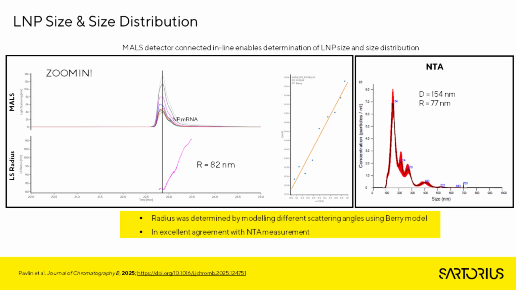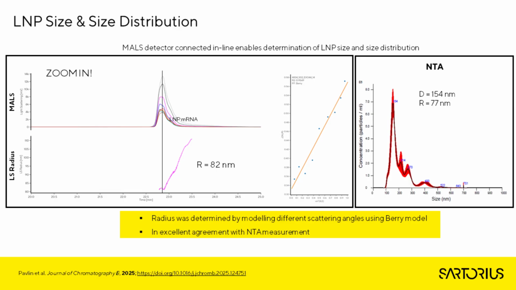If this data is introduced into the mathematical model, we can nicely calculate the size of the particles flowing through the detector. In this case, the radius of the particles determined by LNP Switcher was around 82 nanometers, and when we measure the same sample on NTA, we determine 77 nanometers. So the size results of these two techniques are in very good agreement.